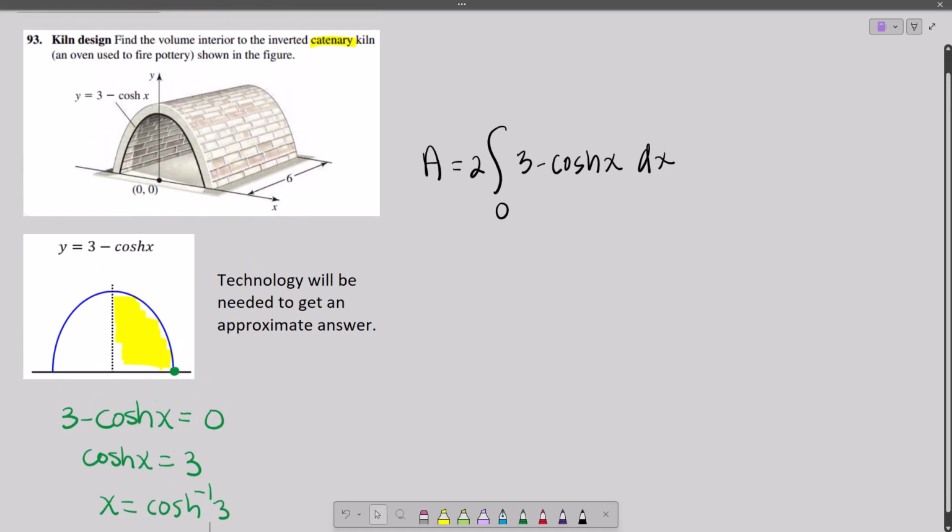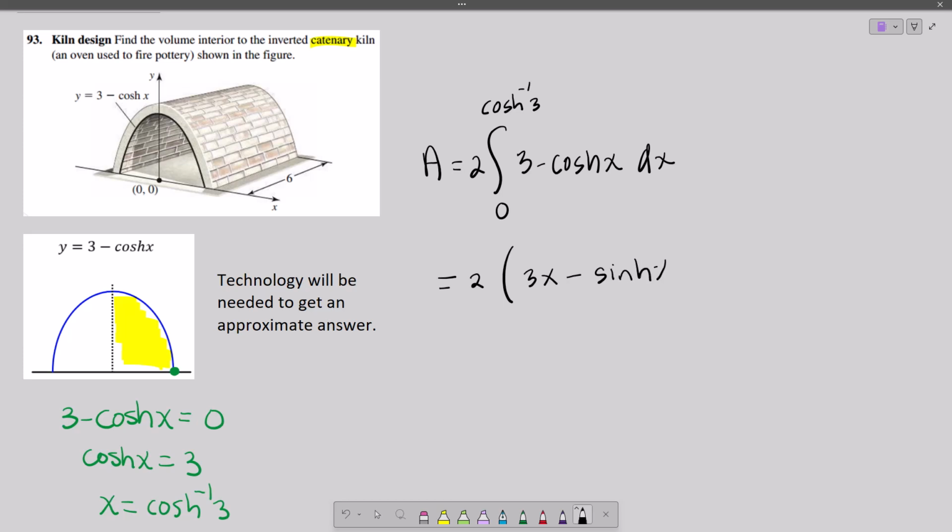It's going to be the inverse cosh of 3. All right, so let's integrate then. We'll get 3x minus sinh of x from 0 to hyperbolic inverse, cosh inverse of 3.